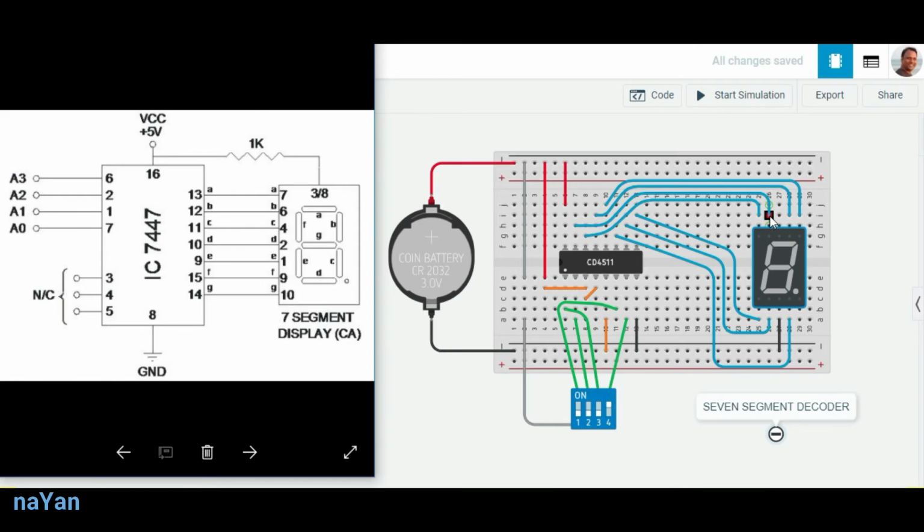Then pin number 14 to 10 of the 7 segment display. Pin number 14 is just before pin number 15. So from here to here. So this pin is 10 of the 7 segment display. As you can see, I have arranged the wires so that each and every connection is displayed in a very neat and clean manner.